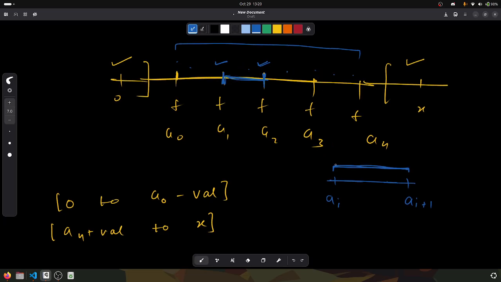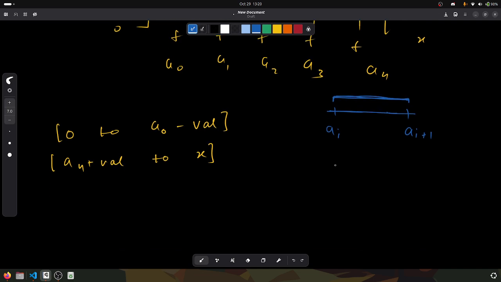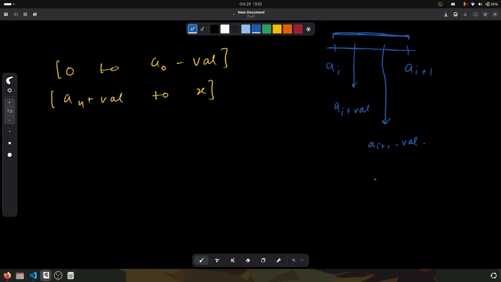So let's find from ai to ai plus 1. We can start placing from ai plus val, and we can place teleporters till ai plus 1 minus val. So basically we can place the teleporters from ai plus val to ai plus 1 minus val.